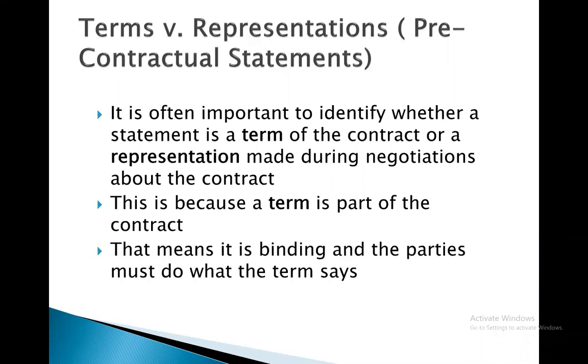Now, if you have classified a pre-contractual statement as a term, what that means is that it is binding, in the sense that the parties must do what the term says.